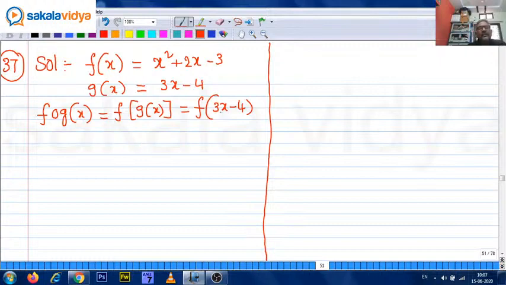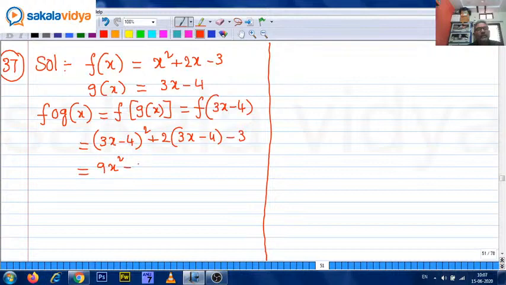In the place of x in f of x, replace 3x minus 4. So this equals 3x minus 4 whole square plus 2 times 3x minus 4 minus 3. We need to simplify this. This equals 9x square, using a minus b whole square, minus 2ab, which is 24x, plus 16, plus 6x minus 8 minus 3.